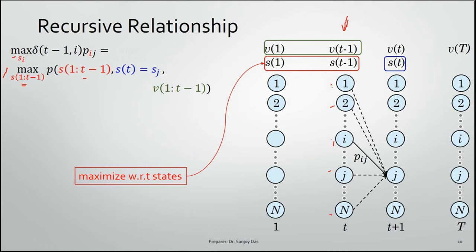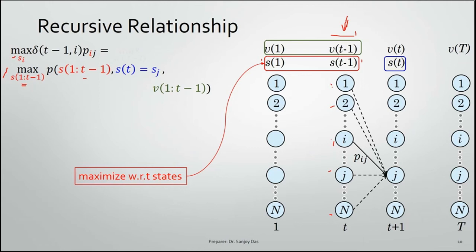So we are getting a little closer to delta t because now the max is over states 1 through St-1, which would be involved in delta t(j), but we are not yet there because the output sequence in the joint probability is until Vt-1.